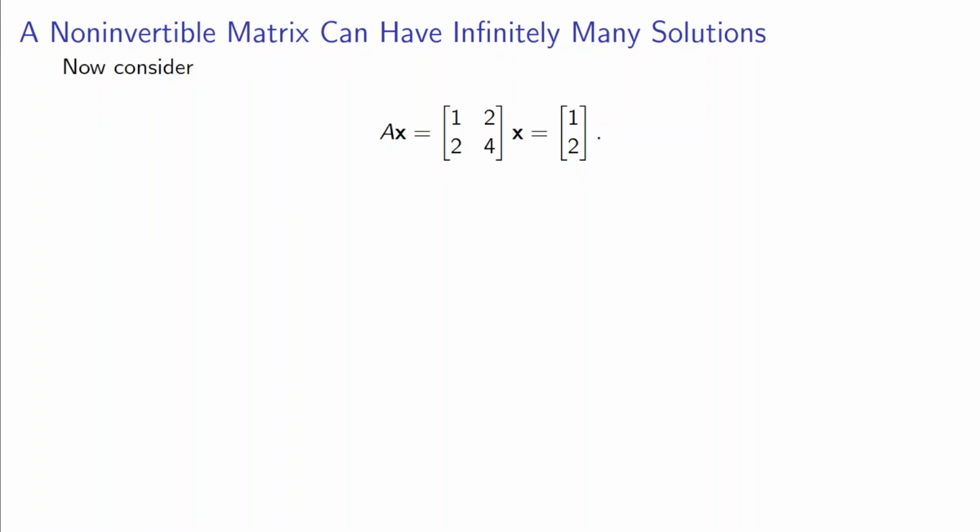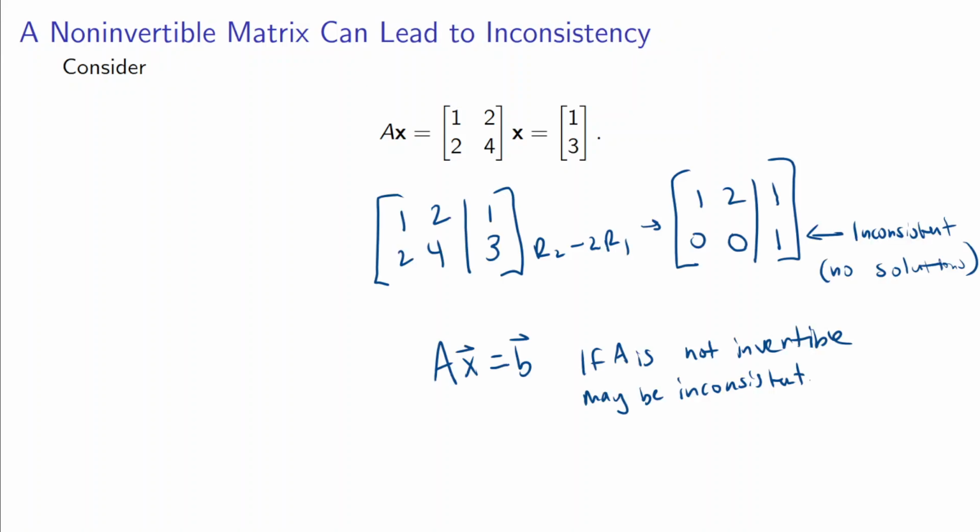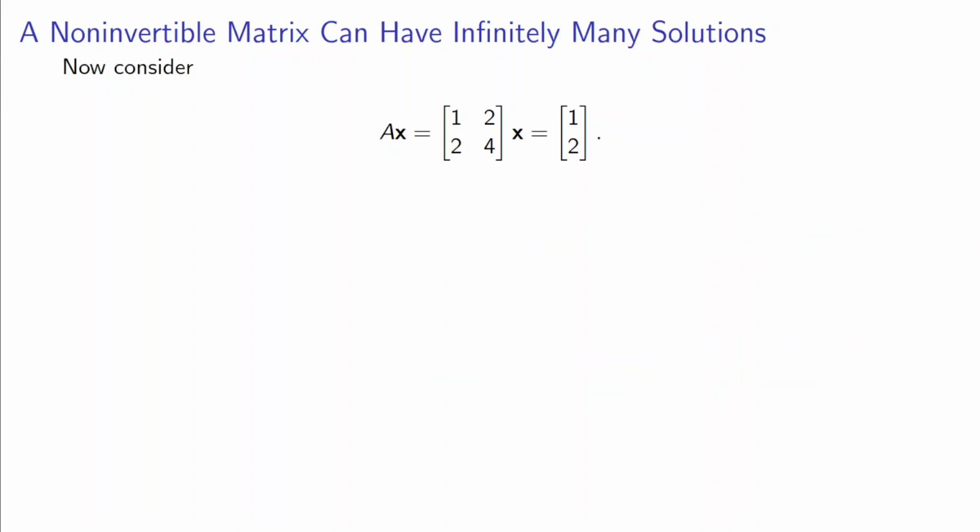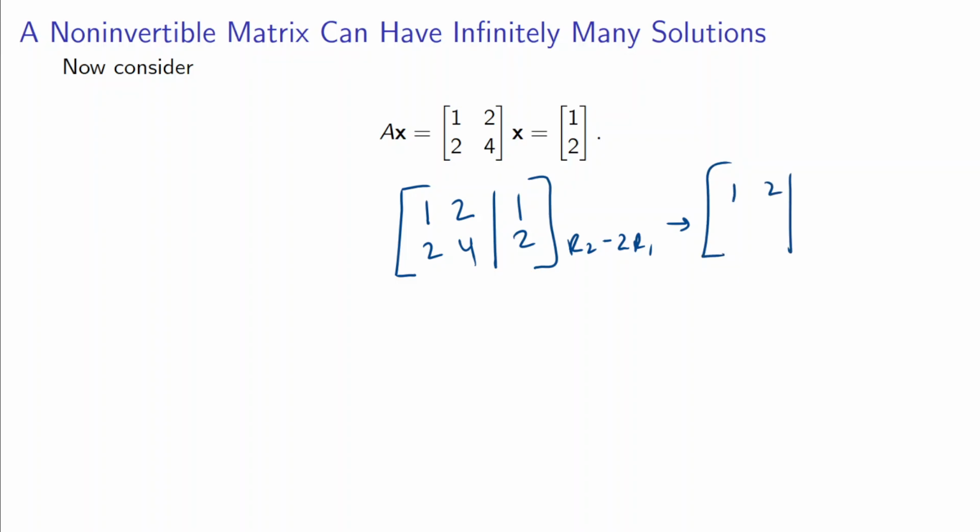Let's consider another example. This time, instead of b being 1, 3, what if it was 1, 2? We'll try to solve this using our row reduction. So 1, 2, 2, 4 augmented, row 2 minus 2 row 1. So 0, 0, and then 2 minus 2 is 0. So we actually have infinitely many solutions in this case, where we have a free variable.